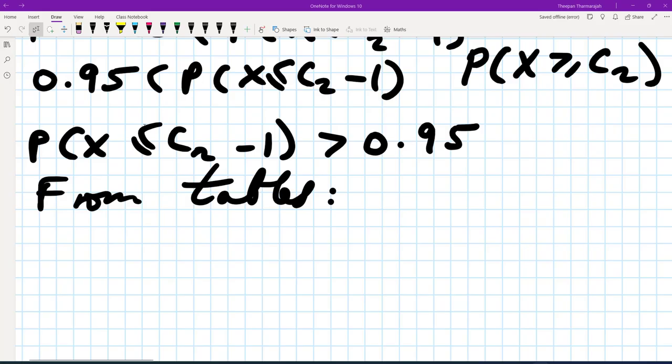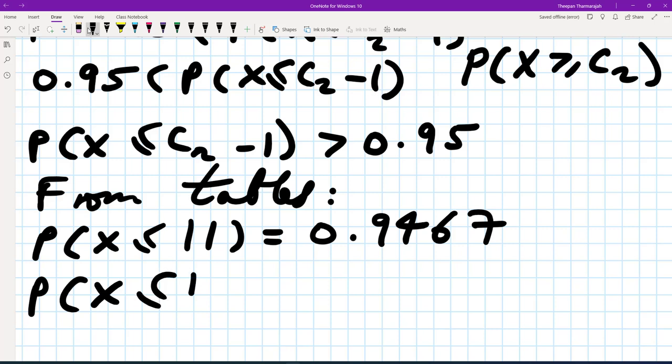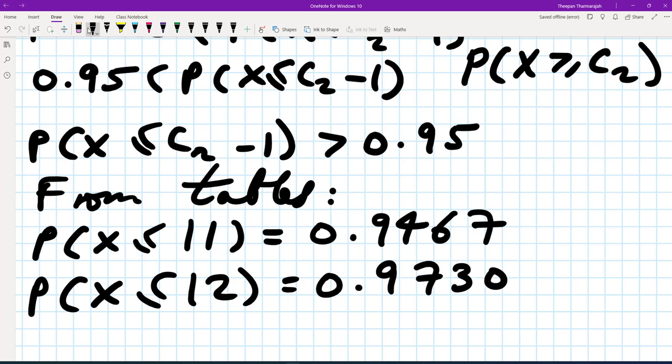So from tables, we can say that the probability that X is less than or equal to 11 is 0.9467, and that the probability that X is less than or equal to 12 is 0.9730, and the value we want to choose is 0.9730.